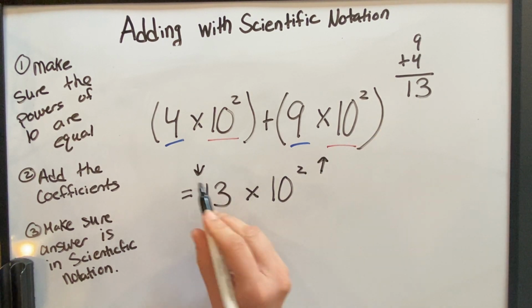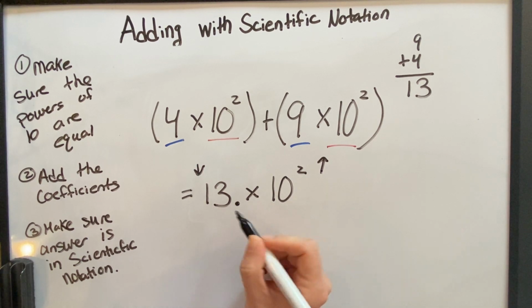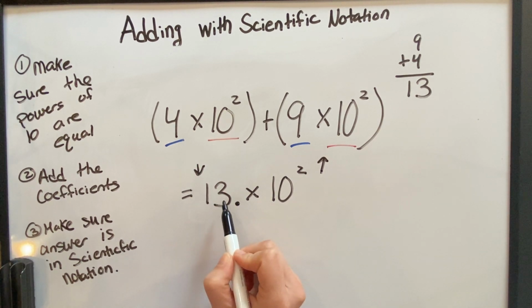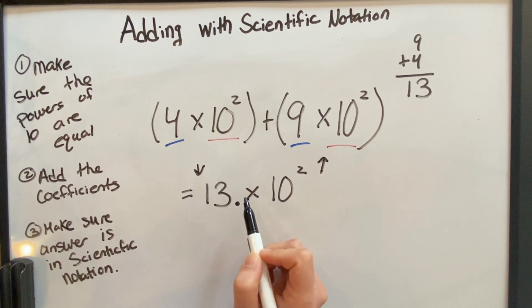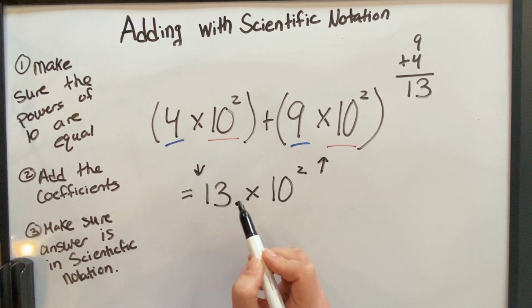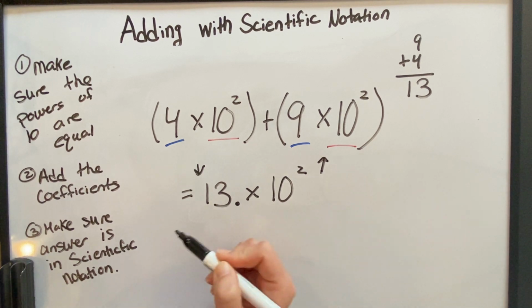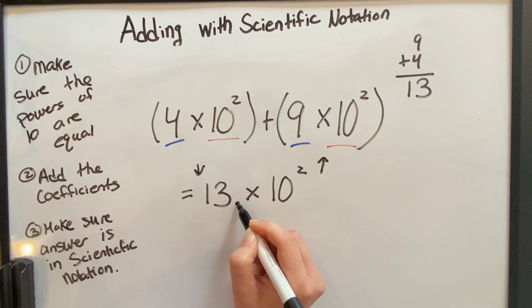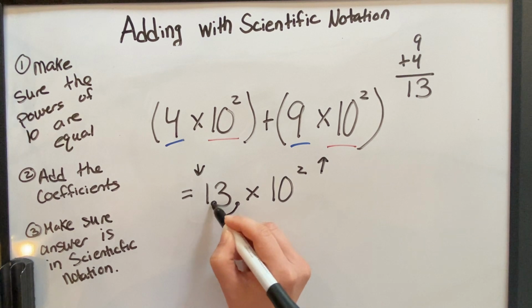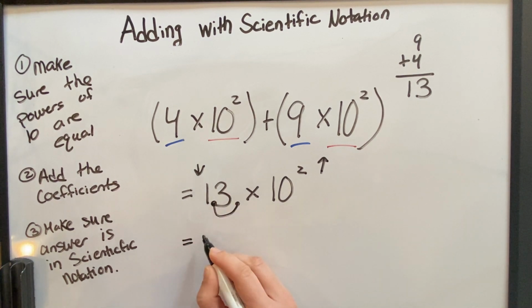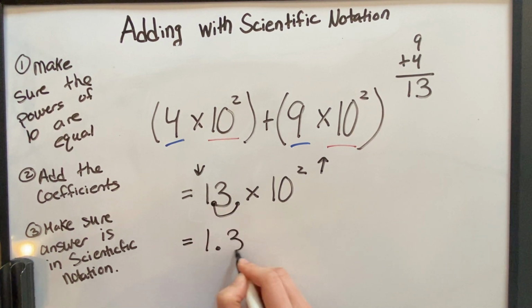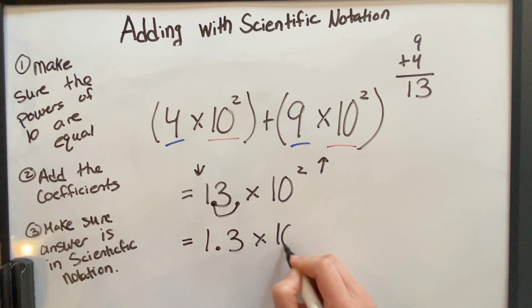So you're going to first put the decimal point, which is right here, because it's 13.0 technically. So we need this number smaller and between 1 and 10. So I'm going to move my decimal place over one space, and I get a number that is between 1 and 10. So this is 1.3 times 10.